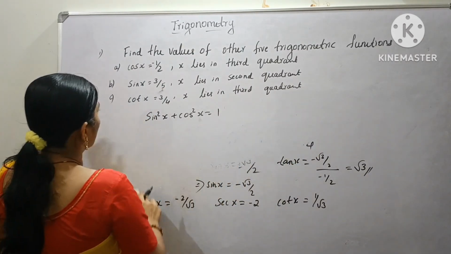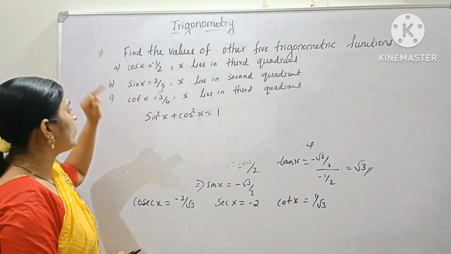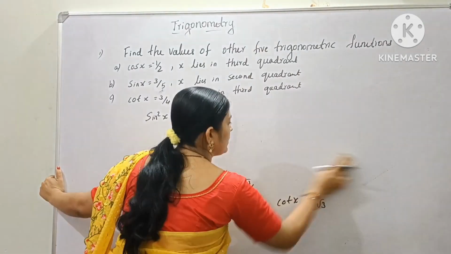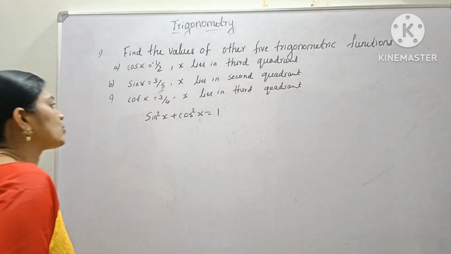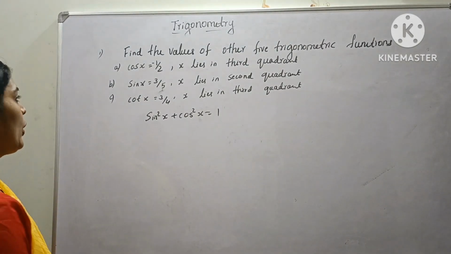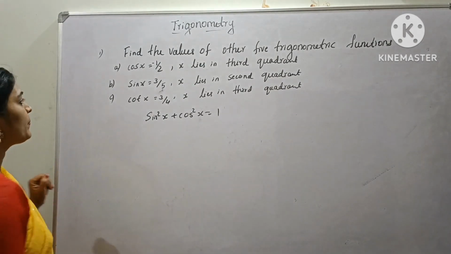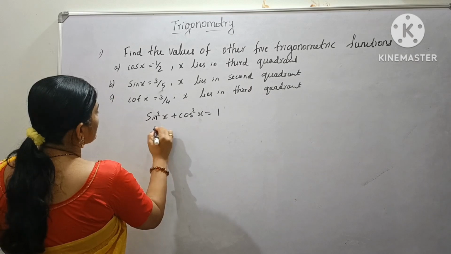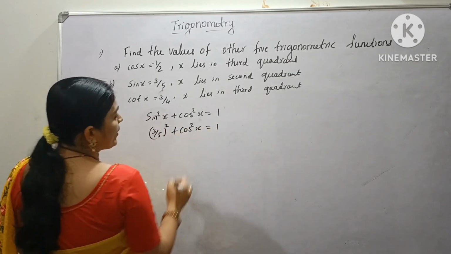In the next question also, the sine value is given, right? So we will apply the same equation, that is the identity sin square x plus cos square x is equal to 1. Here we will substitute the sine value and we will get the cos x value, right? So sin x is 3 by 5. So 3 by 5 square plus cos square x is equal to 1.